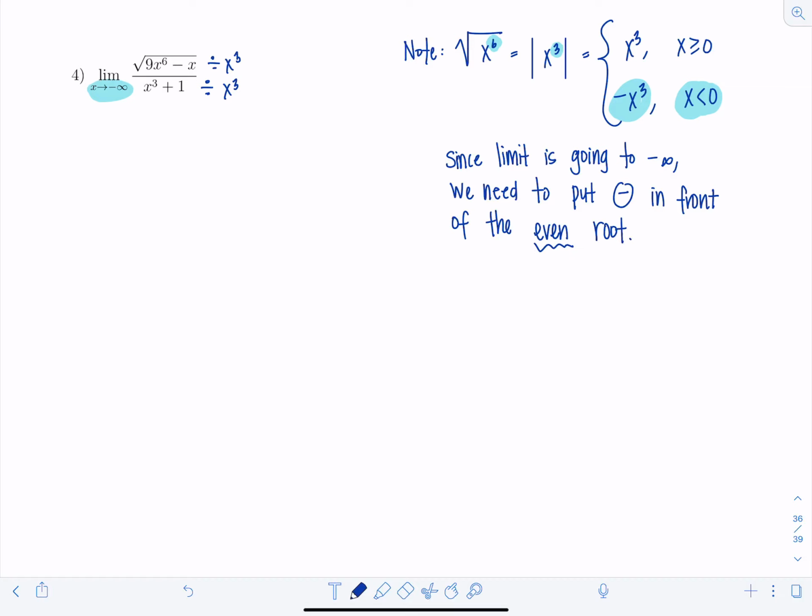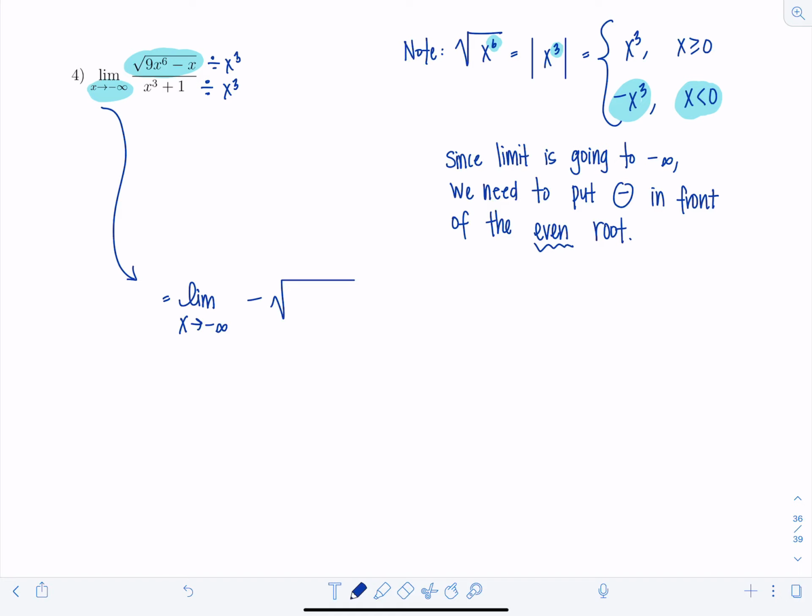Okay, so what's that going to look like? Allow me to show you. So we have the limit as x approaches negative infinity. Where's the even root? It's right here. You're just going to put that extra negative sign since we're working with the negative portion for how absolute value of x cubed is piecewise defined. And then you have radical. And then you just move on with your life.